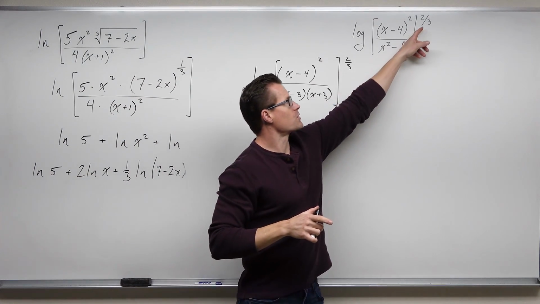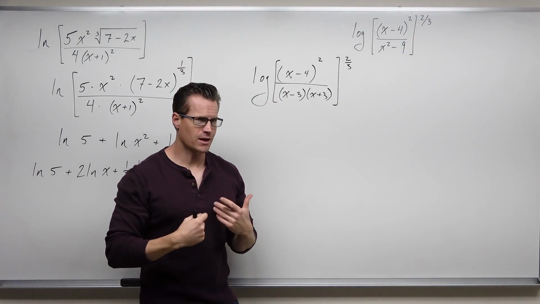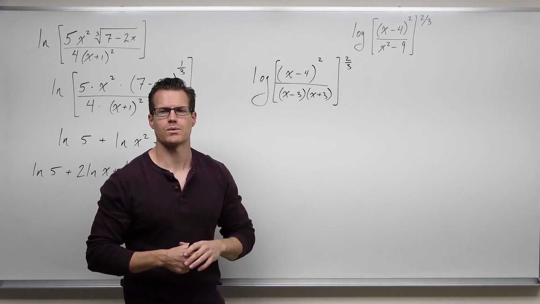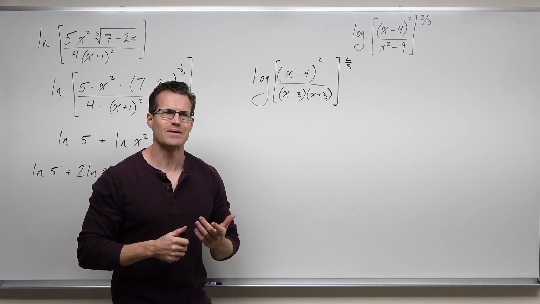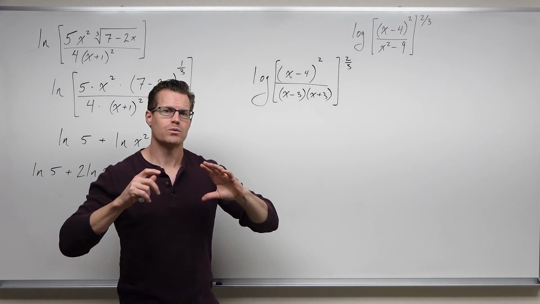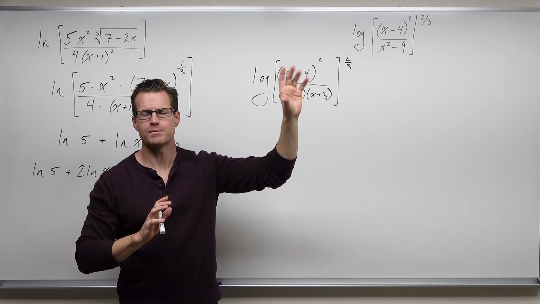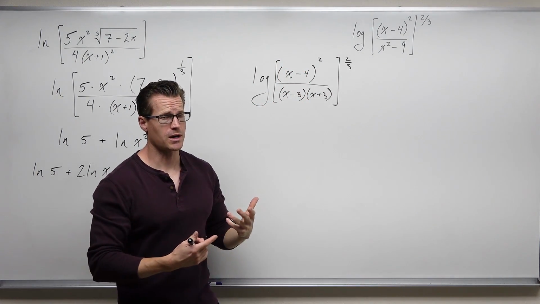Do you notice that a 2/3 power is a radical? I could have given this to you as a really big cube root of all this junk squared. Now, that'd be pretty nasty of me to do that, but I could have done that. And then you would have written this as, instead of a cube root, as that 2/3 power. So I've given it to you like this, but that is possible.